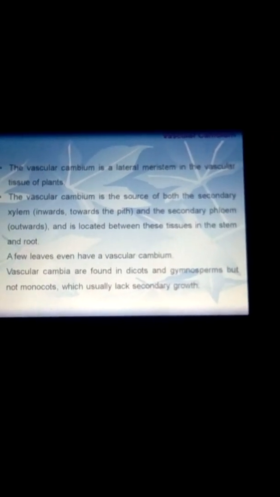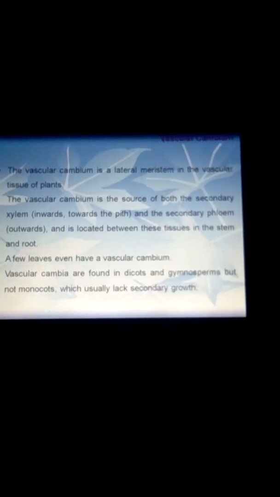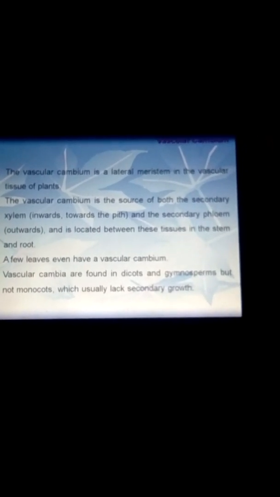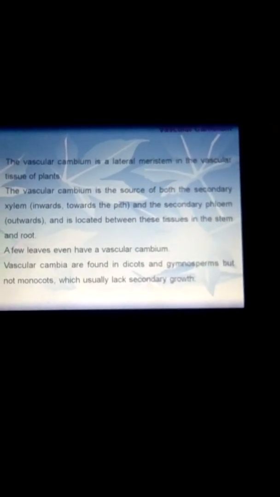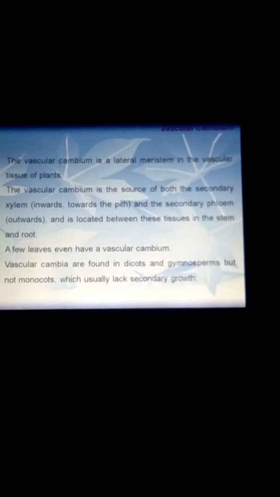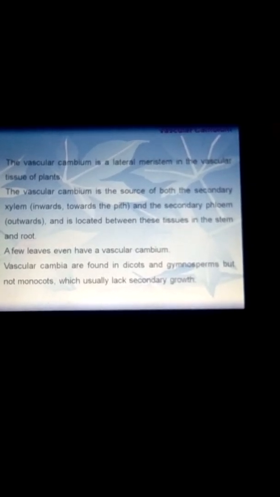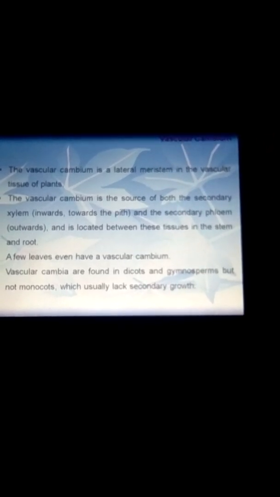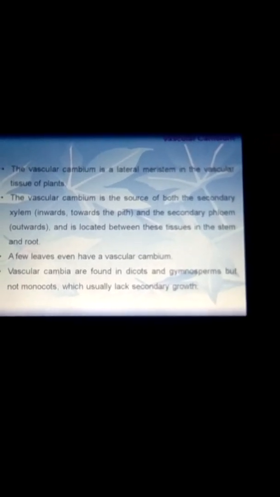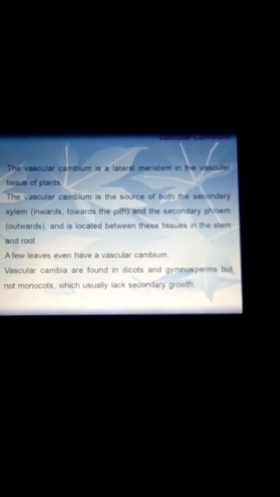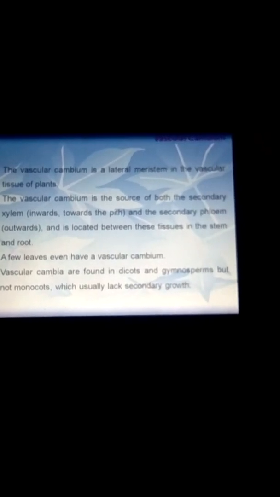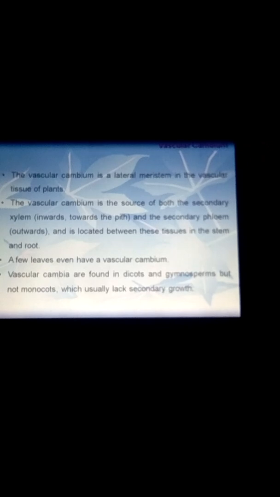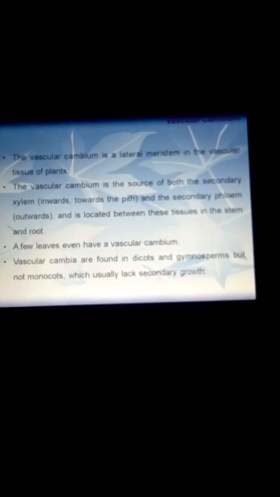So it means that vascular cambium, from the vascular tissues, is present in stem as well as in roots. A few leaves even have vascular cambium. Vascular cambium is found in dicots and gymnosperms, but not in monocots, which usually lack secondary growth. That means in plants that usually lack secondary growth, vascular cambium is not present.